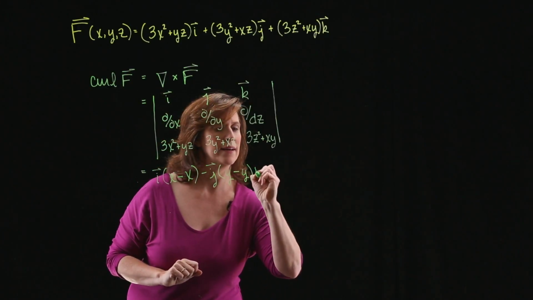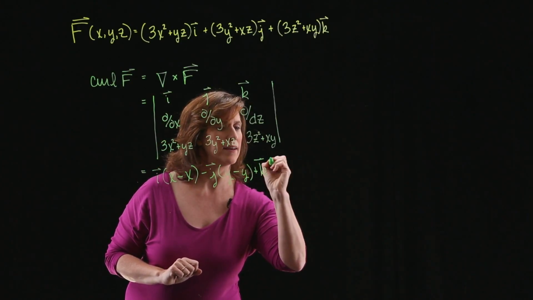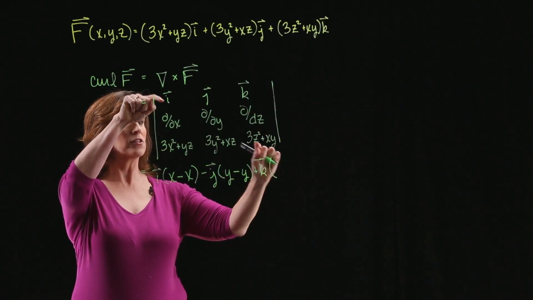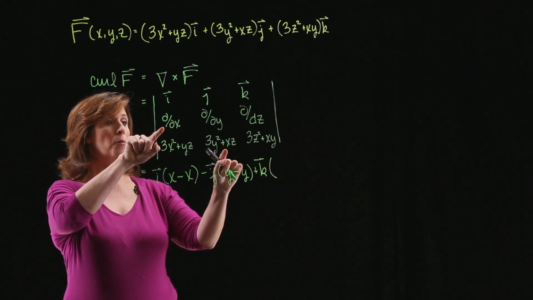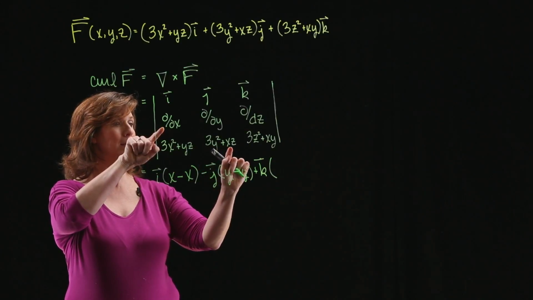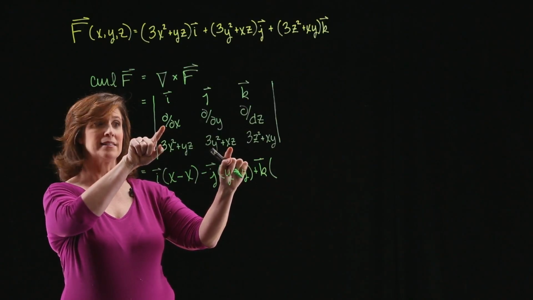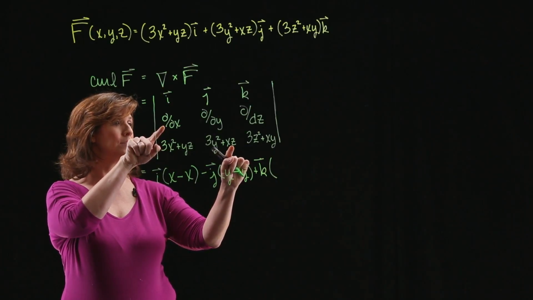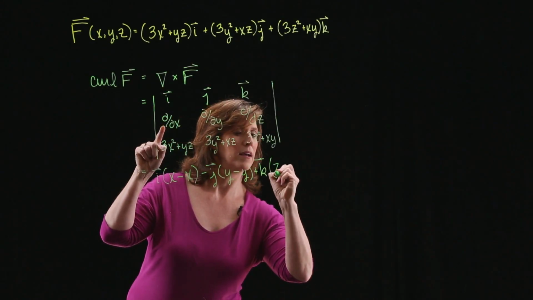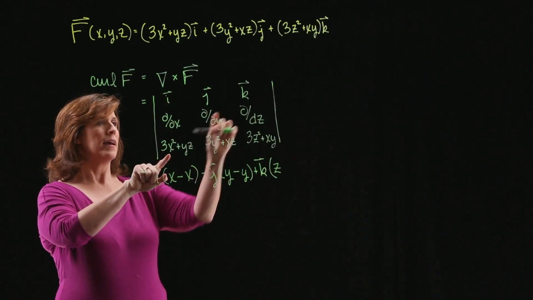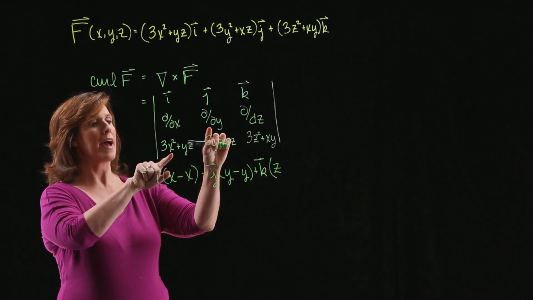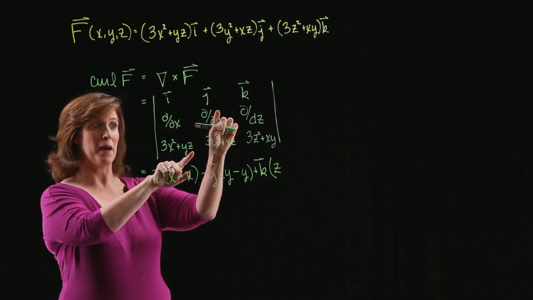Finally, I'm going to add my vector k, and I'll eliminate that first row and the last column, so I'll take the partial of 3y squared plus xz with respect to x. Everything is treated as a constant except for the x, so that is going to give me a z. And going down this diagonal, I'll have the partial of 3x squared plus yz with respect to y.